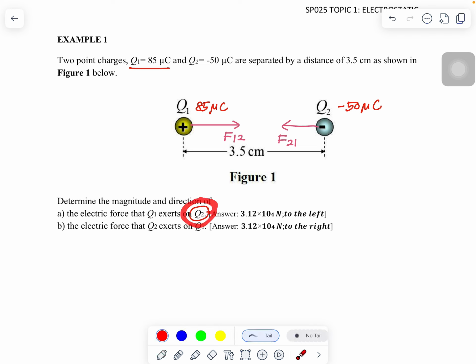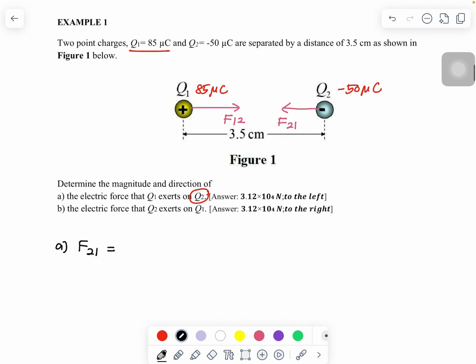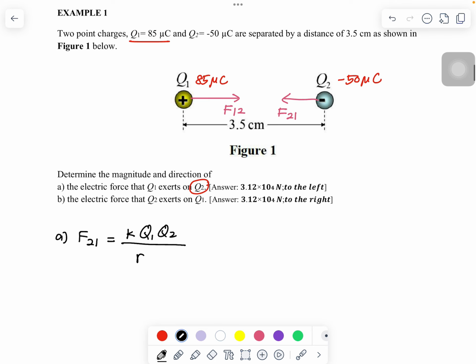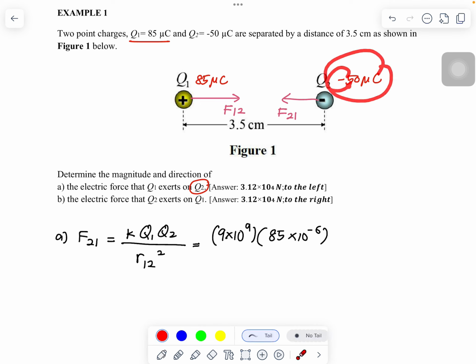So yang pertama ni soalan minta on Q2. So yang pertama kita mau kira adalah F21. Okay, so guna formula yang tadi K, Q1 and Q2, and then distance between them, and then square kan, and then masukkanlah 9 exponent 9. Q1 adalah 85 micro, so micro exponent negative 6, dan Q2 adalah negatif 50 micro.